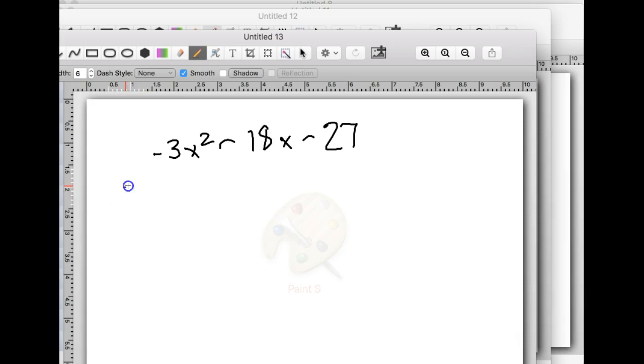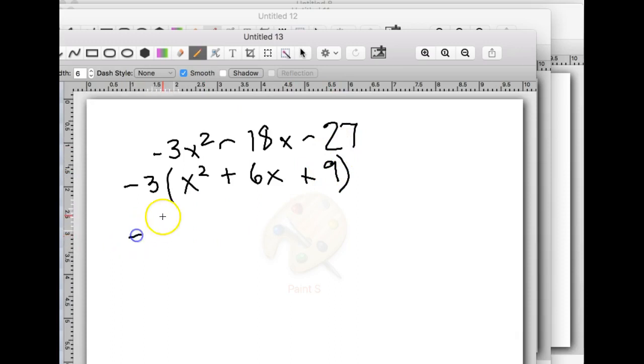So we could pull out 3, but let's pull out negative 3. That leaves me with x squared, and negative 18 divided by negative 3. Use a calculator if you don't remember. That becomes a positive 9, because negative 3 times positive 9 is negative 27.